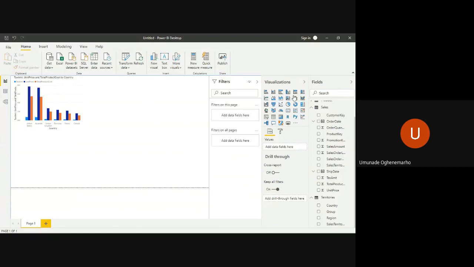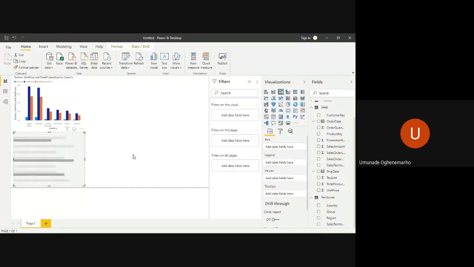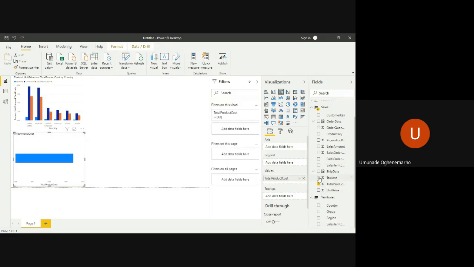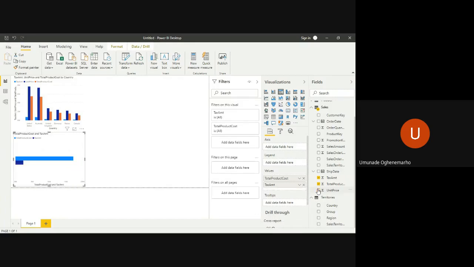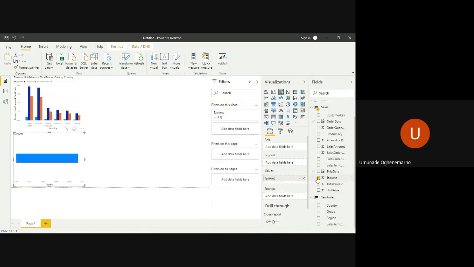We now would still create another one. So probably this time we're looking at, let's do the same tax amounts. The order can still be switched.